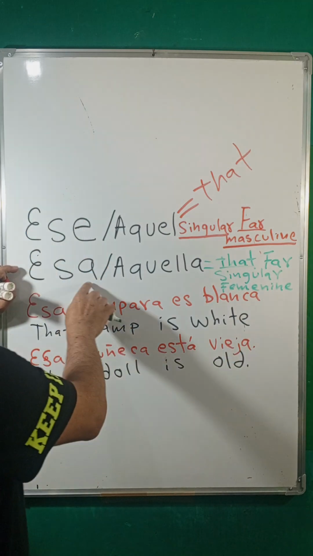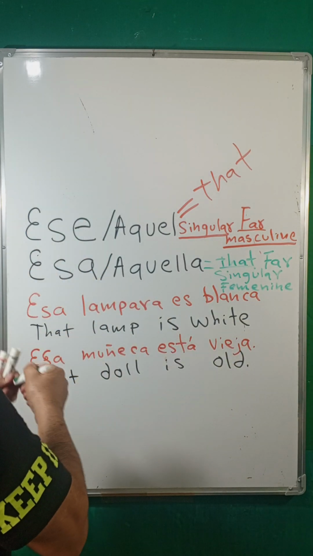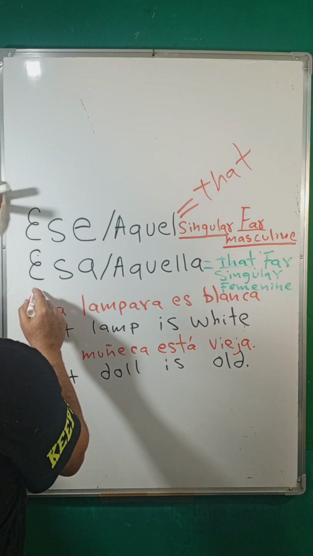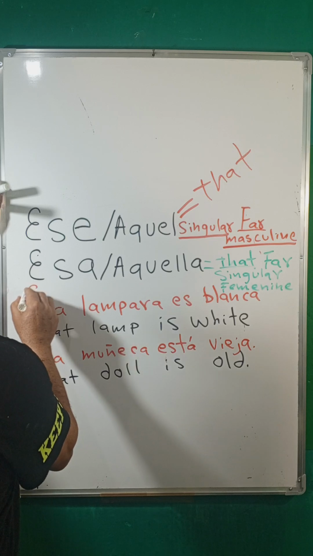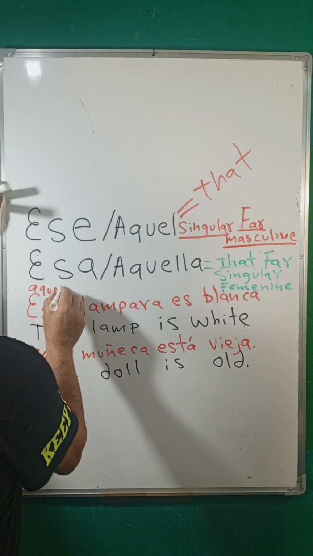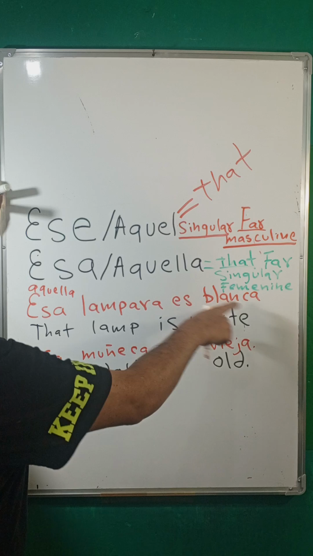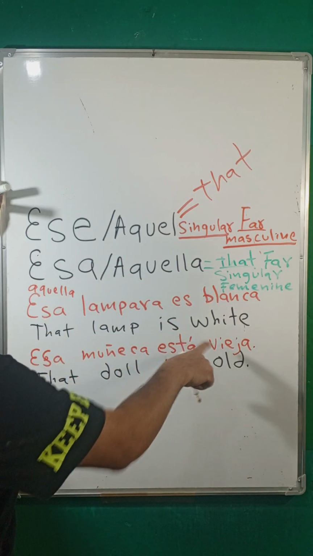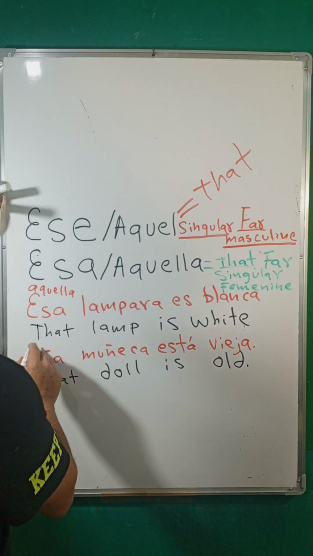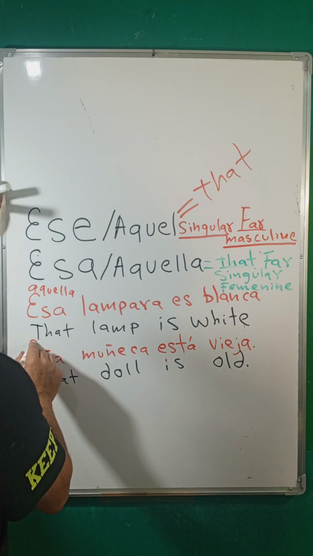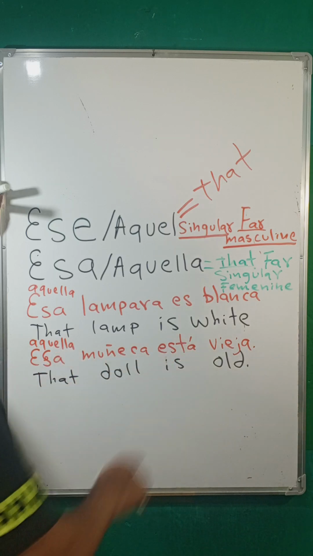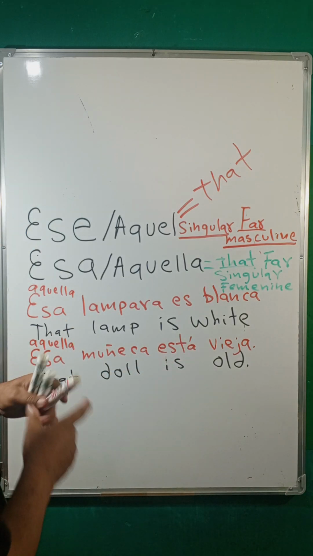So esa and aquella, it doesn't matter. It will be exactly the same. Aquella lámpara es blanca. Esa lámpara es blanca. I cannot touch it. Esa muñeca está vieja, o aquella muñeca está vieja.